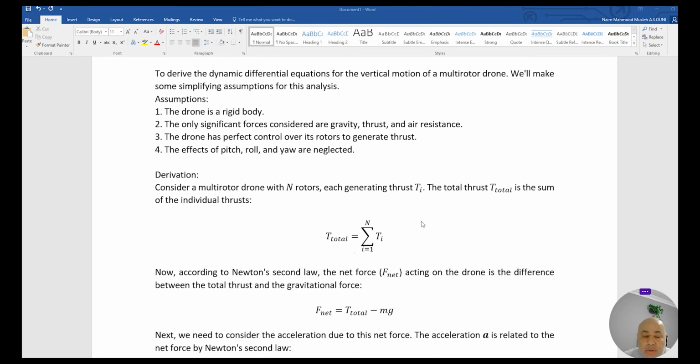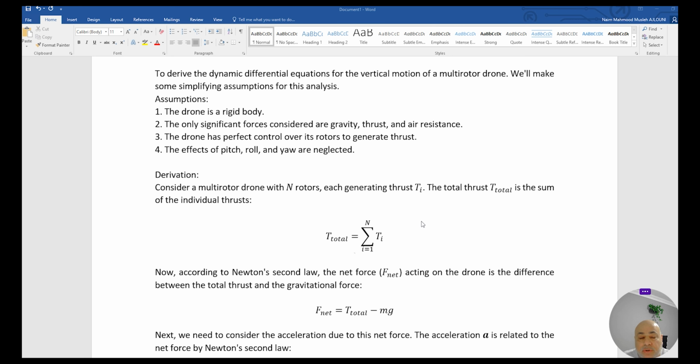Welcome to this video in which I will be discussing the derivation and the solution for the differential equation representing the dynamics of a multi-rotor drone.